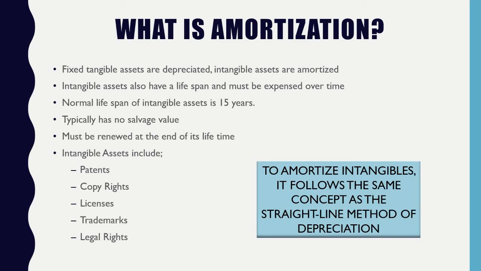Now, of course, every patent, license, and trademark has all different types of lives. You can purchase a copyright for a year. You can purchase a license for 3 years. You could purchase a movie right or a license for 20 years.